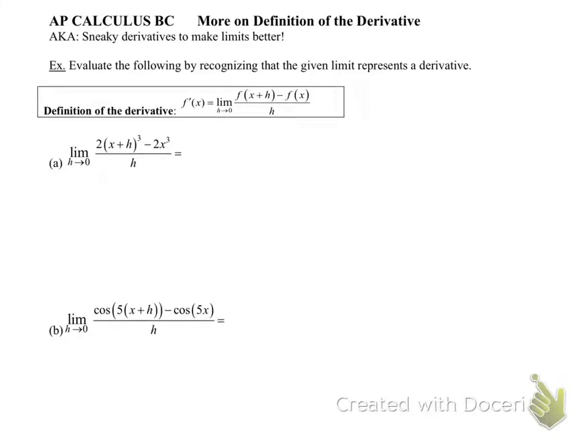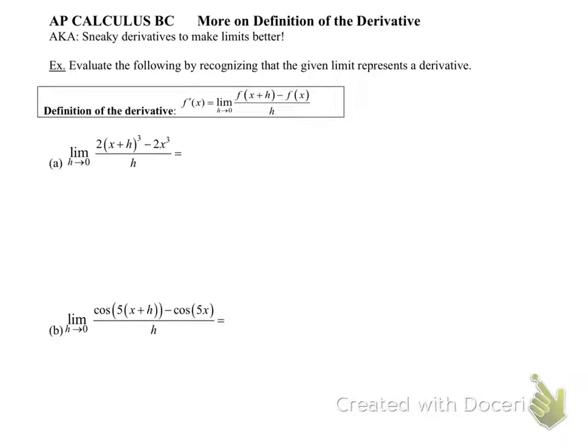Okay, we're going to talk about what we have in front of you, which is the definition of the derivative. Rather than actually doing all of this math, all you really need to do from here on out is recognize what the original function is.